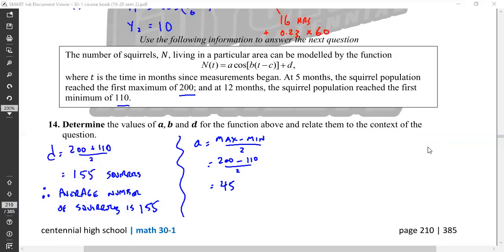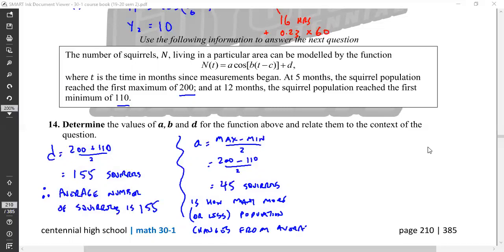But if your average number of squirrels is 155, it goes up 45 from that, and it goes down 45 from that. 45 squirrels is how many more or fewer squirrels your population changes from average. How much it varies, essentially, is what's going on with that.